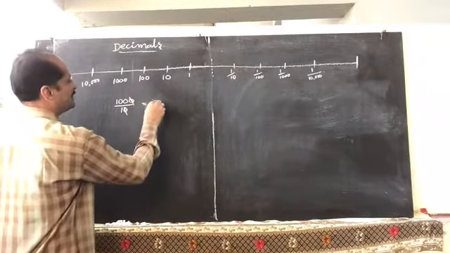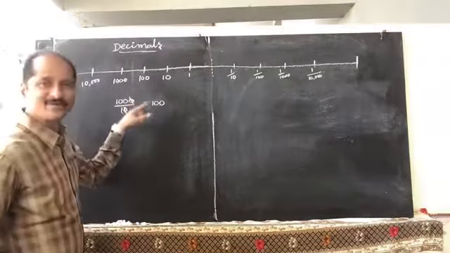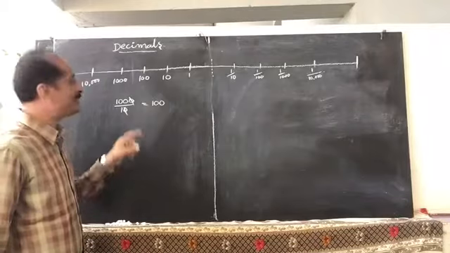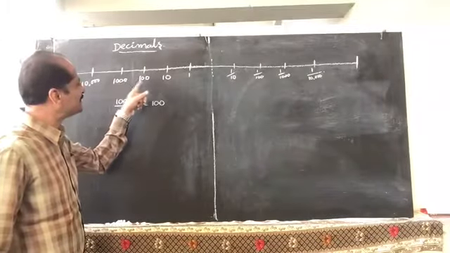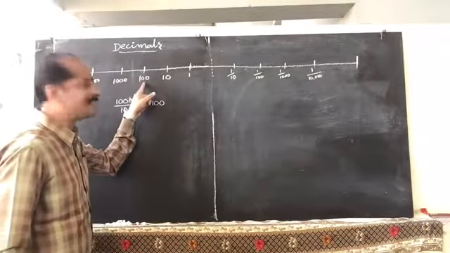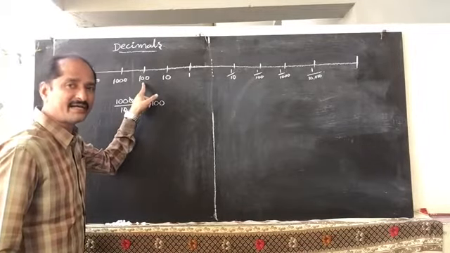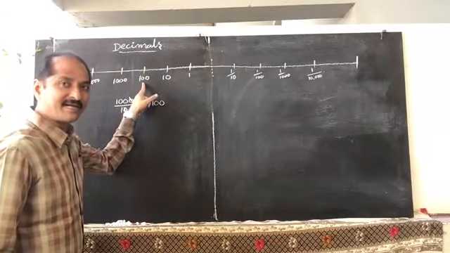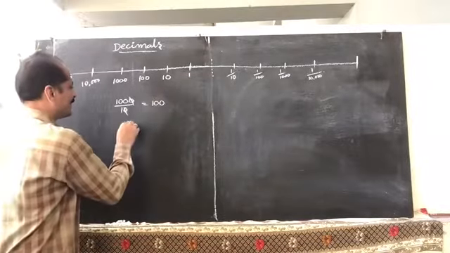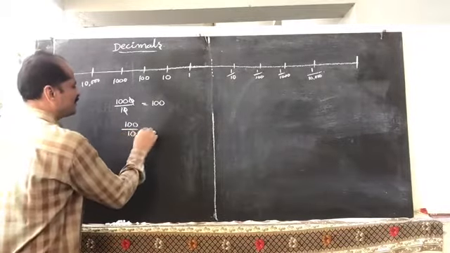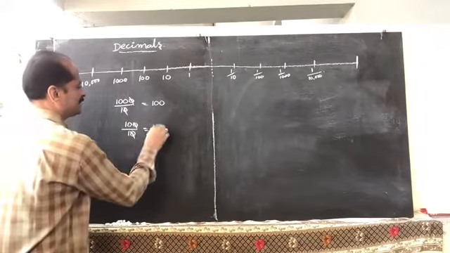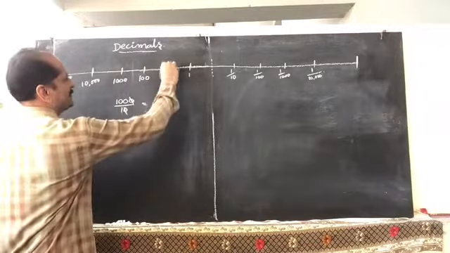So 100 is the next lower than the 1000's place. Next lower than the 100's place: 100 divided by 10 is equal to 10. So we have got 10, that is the 10's place here.